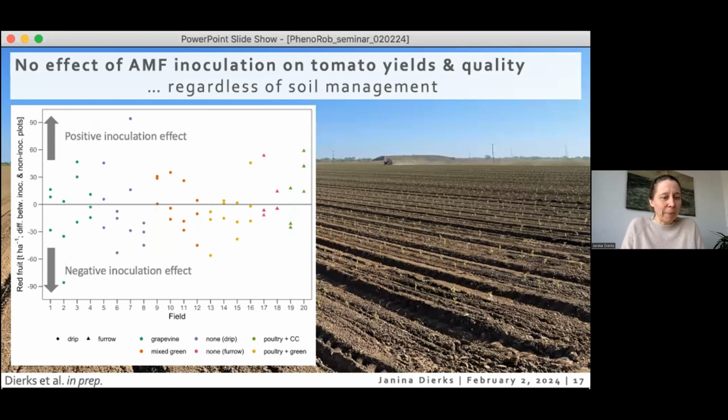You can see the points are all over the place. The different colors represent 6 different soil management practices. So we had different types of green waste and manure, as well as no organic matter amendment. So we found no difference, neither in yield nor in food quality, between inoculated and non-inoculated plots.